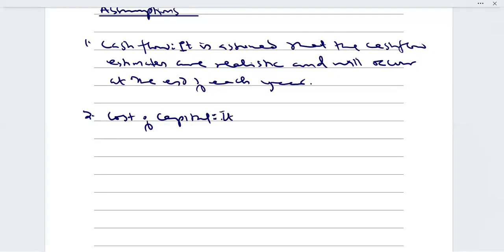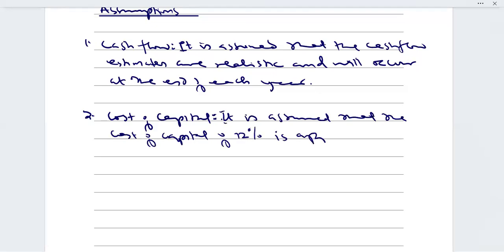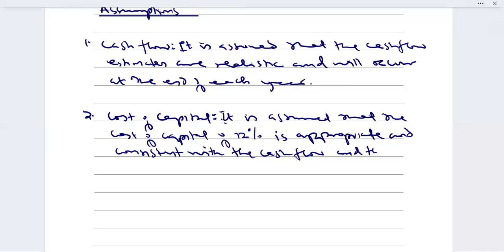It is assumed that the cost of capital of 12% is appropriate and consistent with the cash flow and the risk associated with the projects.